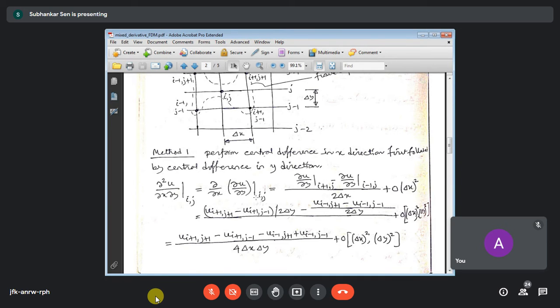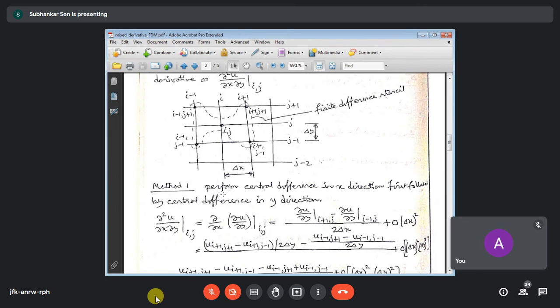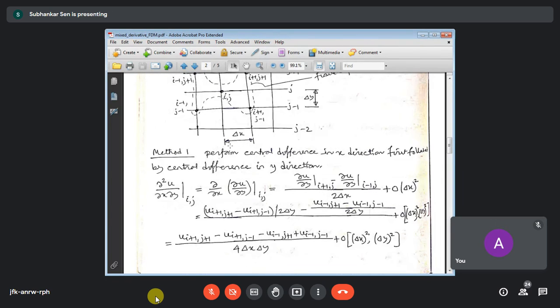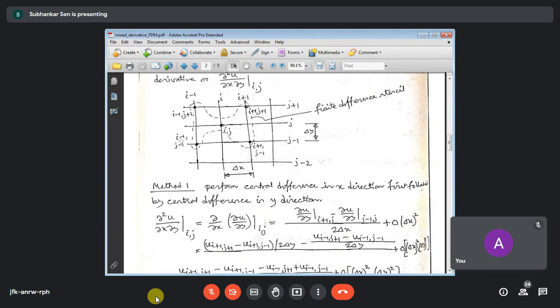So your derivative is with respect to x. When you are taking your differentiation with respect to x, then i becomes important, j becomes constant. So in this case, your j will be fixed. You are moving in the x direction, so your i will change and j will not change. So j will be constant.